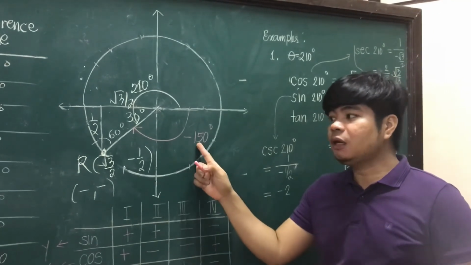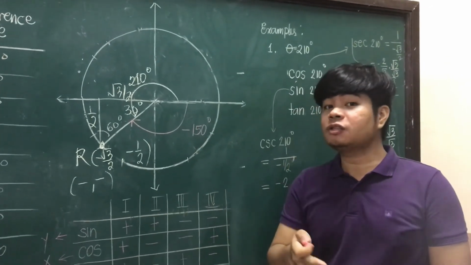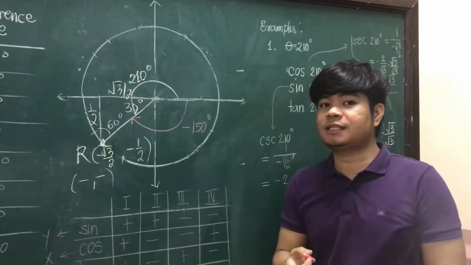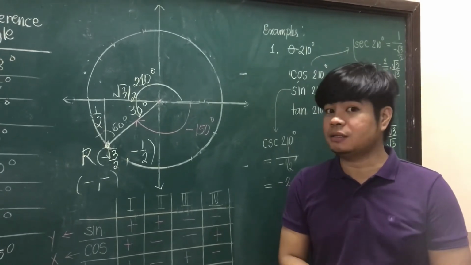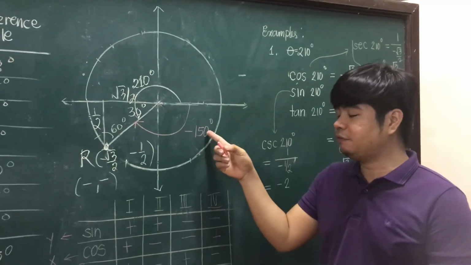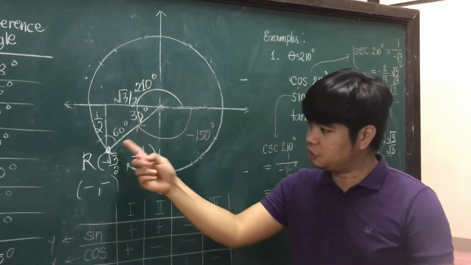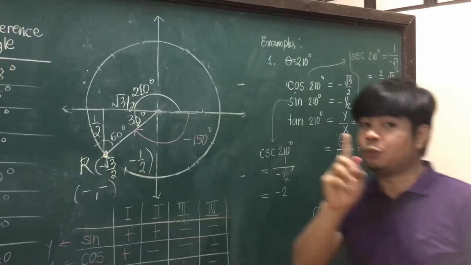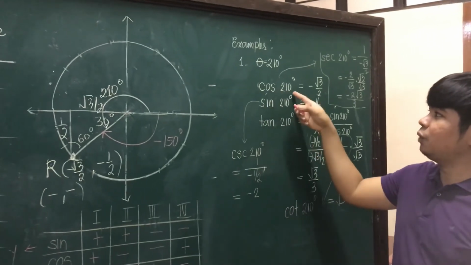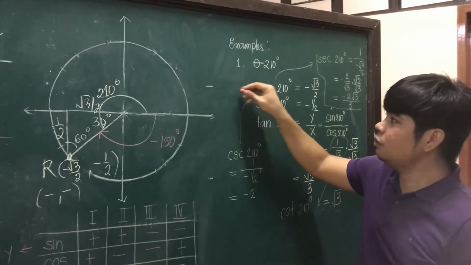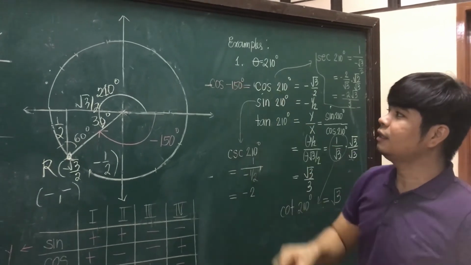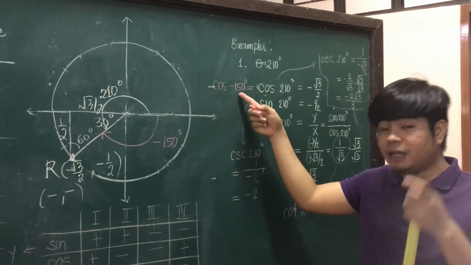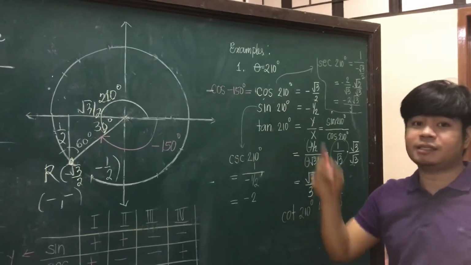So all coterminal angles will have the same coordinates and will surely provide the same 6 trigonometric values. So this negative 150 degrees and 210 degrees share the same terminal side. We can now say that cosine 210 degrees is also equal to cosine negative 150 degrees, because negative 150 degrees and 210 degrees are coterminal angles.